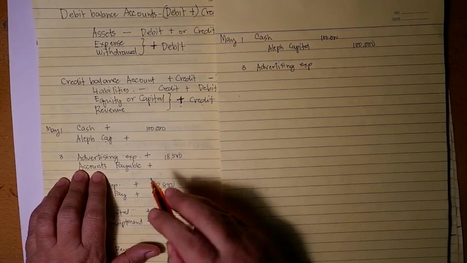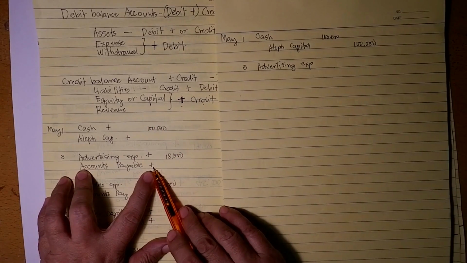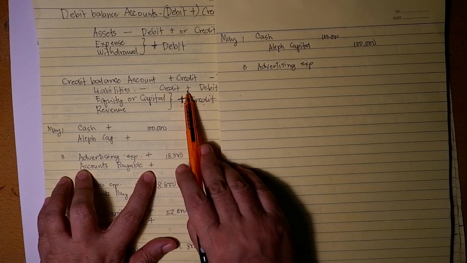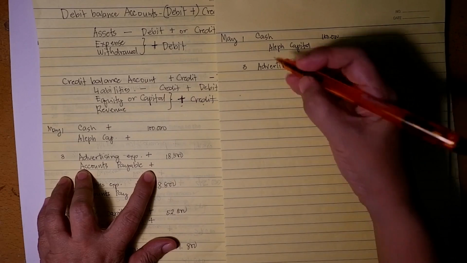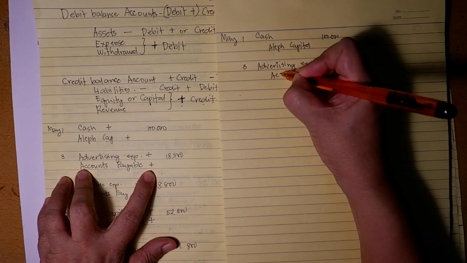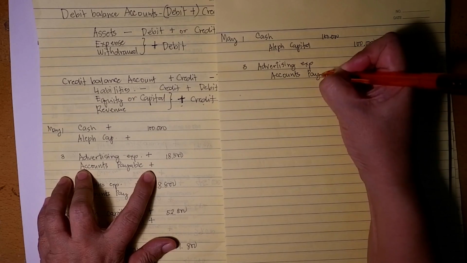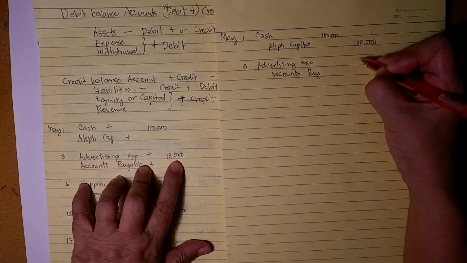And we have accounts payable plus. Accounts payable is a liability. So, for liability, to increase our liability, it means credit. So, we have accounts payable, that is 18,500.